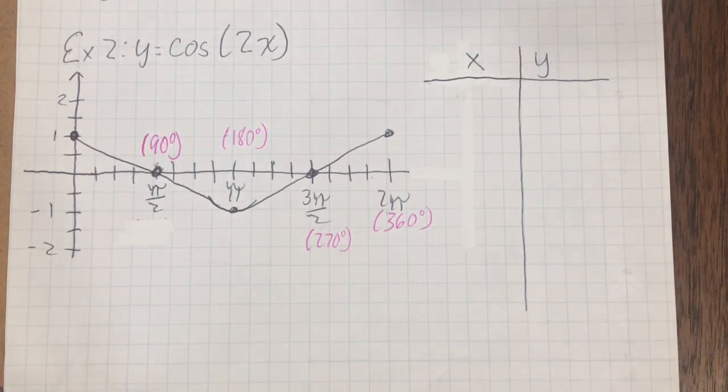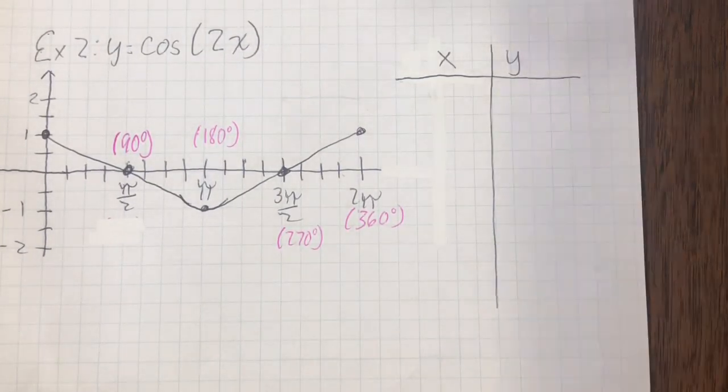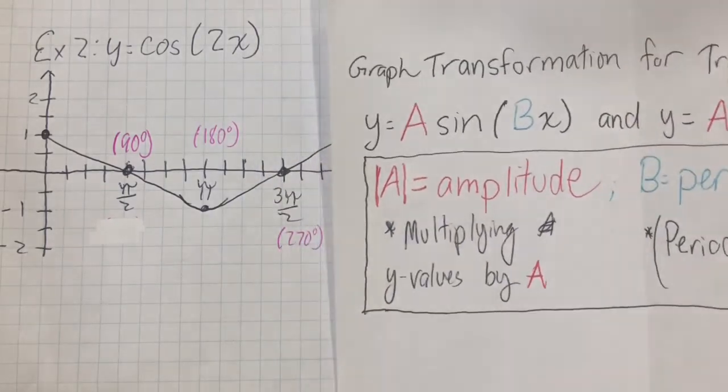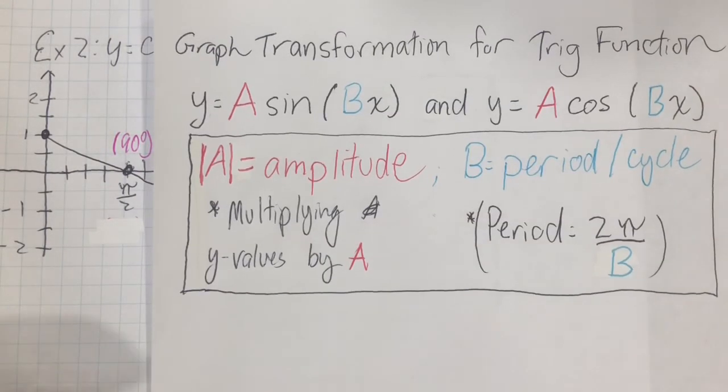All right, so now instead of having 2 in front of the trig function, we have 2 in front of x. And if we were to match the 2 to one of the graphing transformations, we see that 2 is in the same spot as b. And b represents the change of the period.